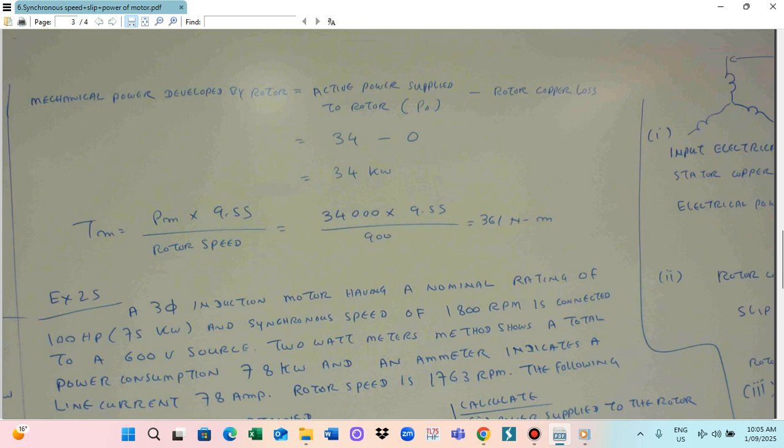And after that, this is for the total power output. With this total power output, you can calculate the torque. So you use the formula: mechanical torque equals Pm multiplied by 9.55 divided by the rotor speed.